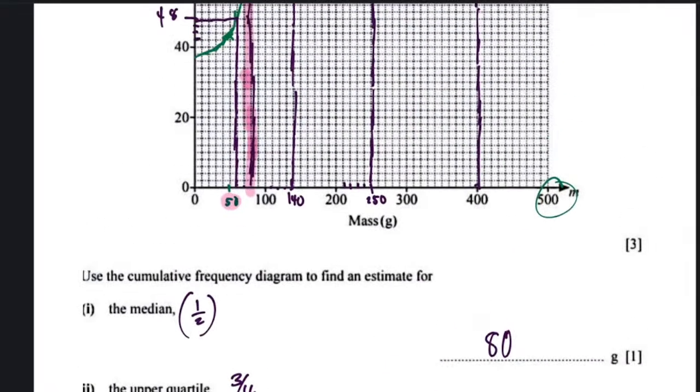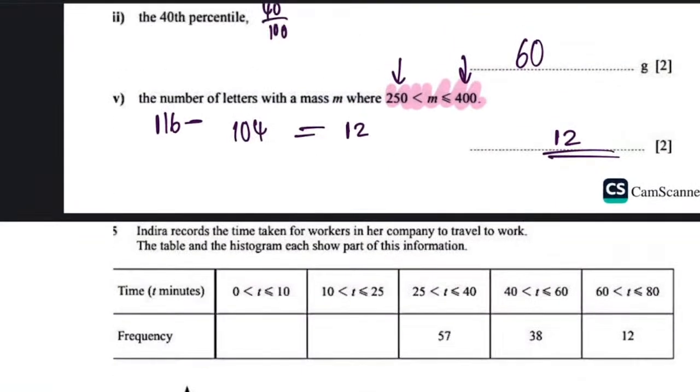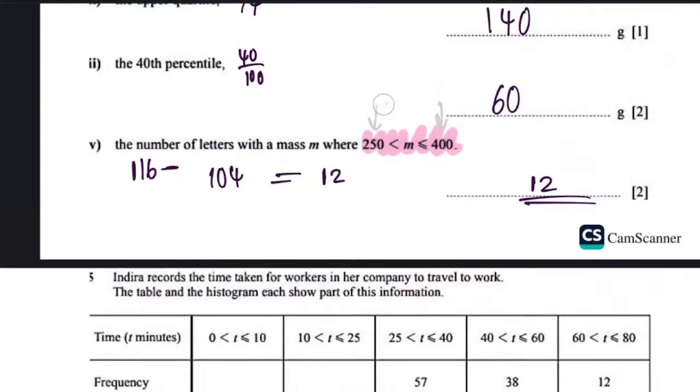Everything we do on cumulative frequency is calculated by the graph first. So the graph gives us everything we need. That's why we went to 250 on the graph. We went to 400 on the graph. And we see what values they were giving us. And when we got those values, we subtracted them. And we now know how many we have from 250 to 400. There we go. That's how it goes.